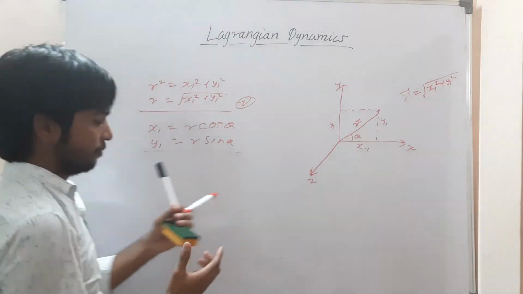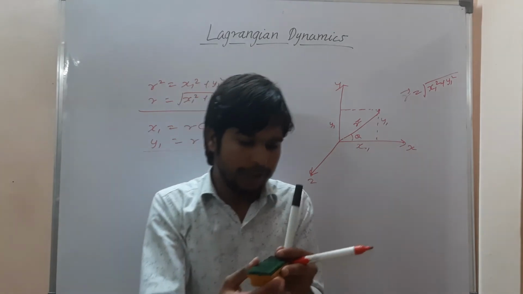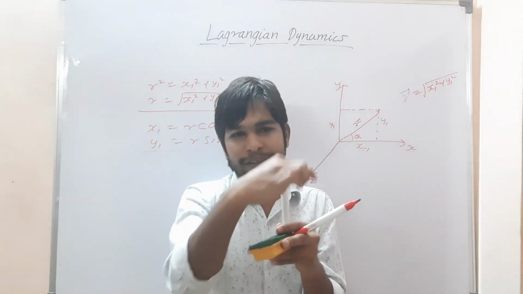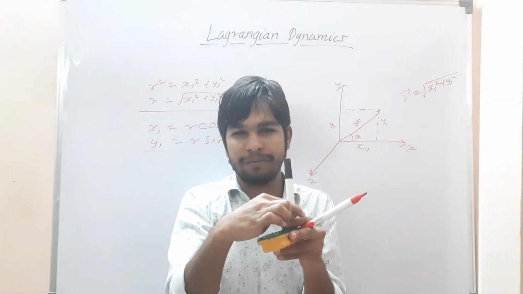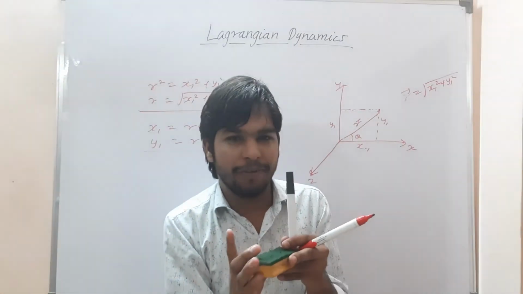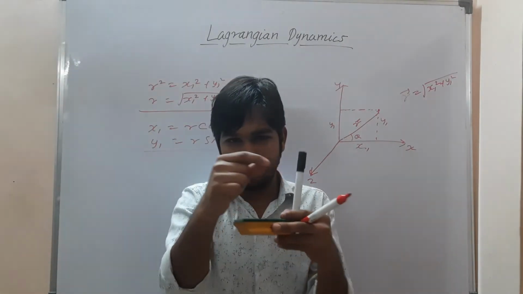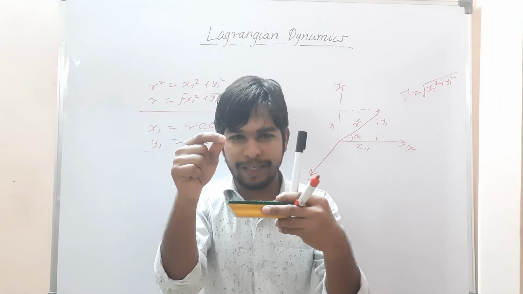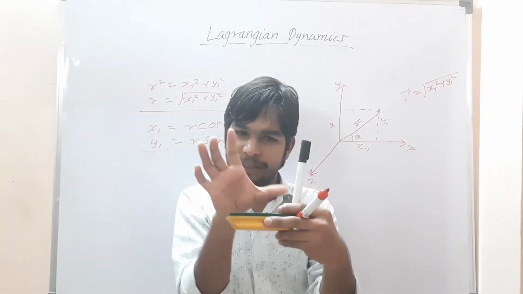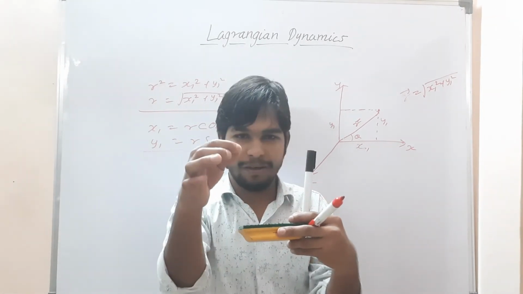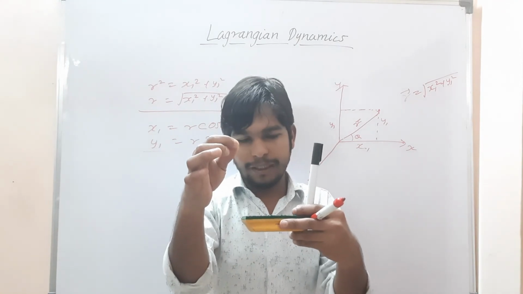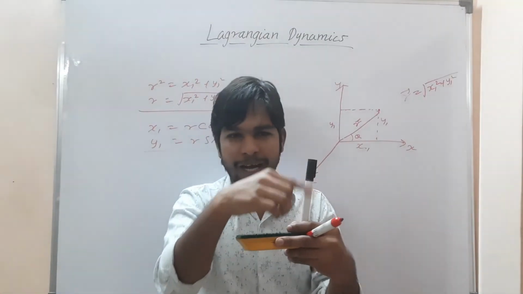Now the value of r we know is the square root of x1 square plus y1 square. And if I make it the actual position of the particle, let me take the position from the particle here to here. This distance is k. So this is k and this distance r I know.